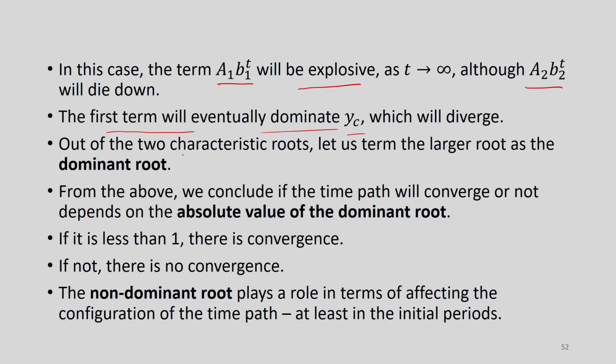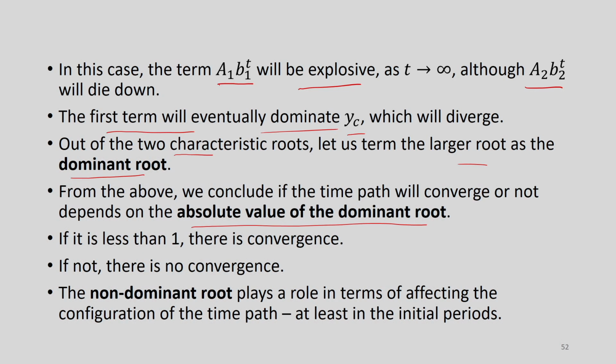Now, out of these two characteristic roots, let us call the larger root the dominant root. From the above, what we can conclude is this: whether the time path will diverge or converge depends on the absolute value of the dominant root.